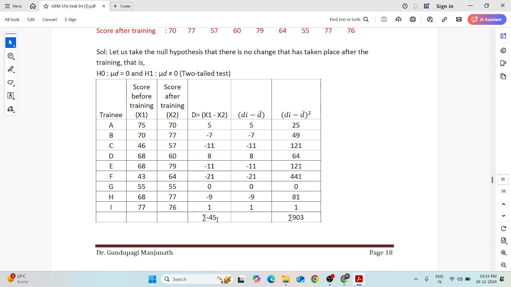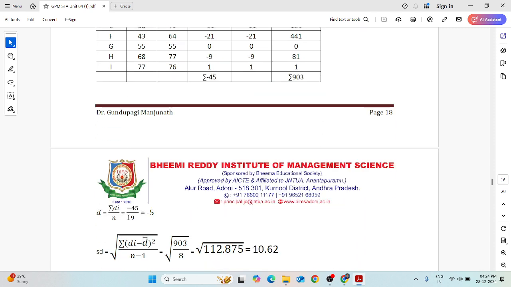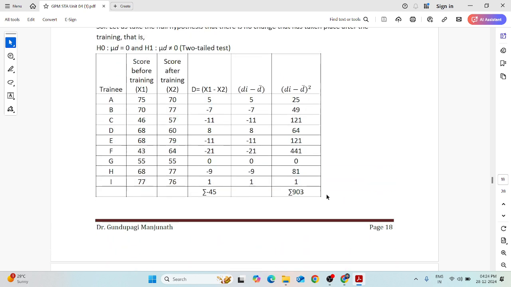The summation is minus 45, so minus 45 by 9 observations, you will get minus 5. So di minus d mean, that is 5. So you have minus 7, minus 11, 8, minus 2, 0, minus 1, 5.